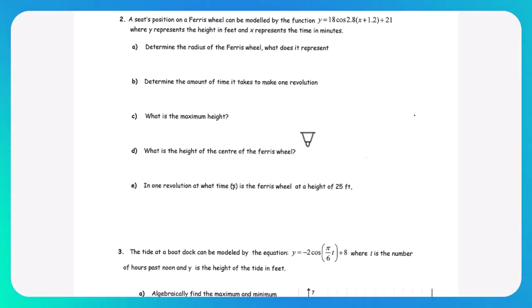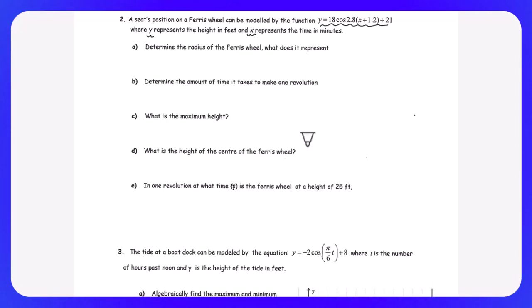Now remember, these Ferris wheel questions also can be modeled by a sinusoidal function. And in this case, y represents the height and x represents the time. The first thing it does is ask us to determine the radius of the Ferris wheel. Now remember from the activate section that the radius is equal to the amplitude.